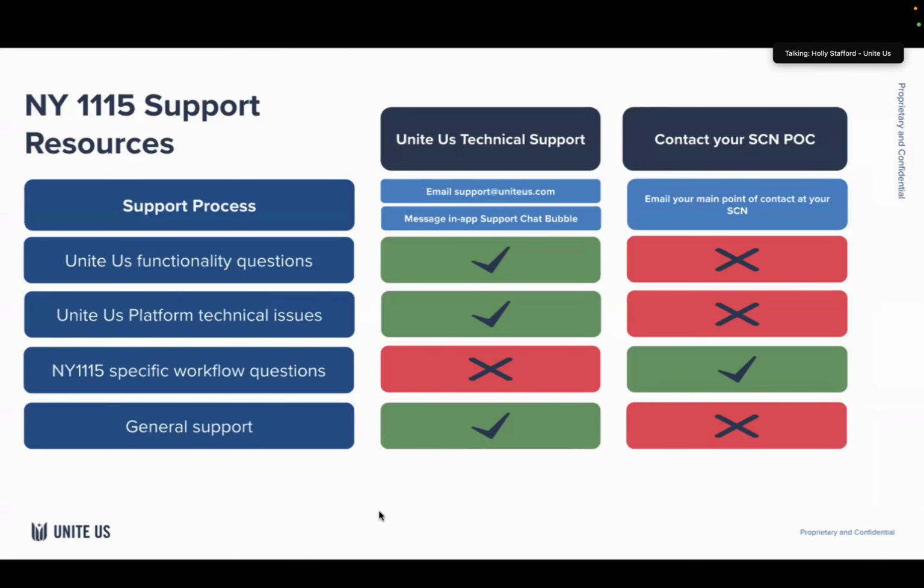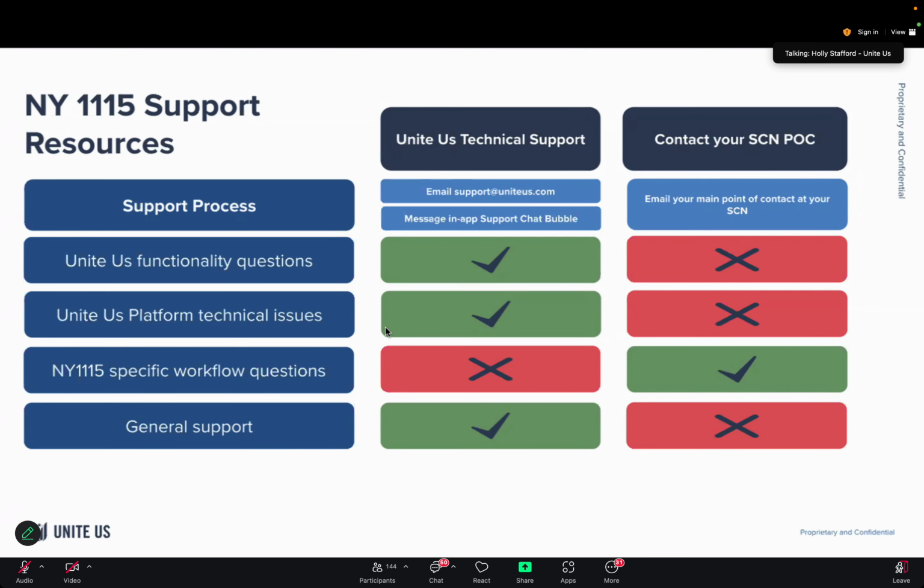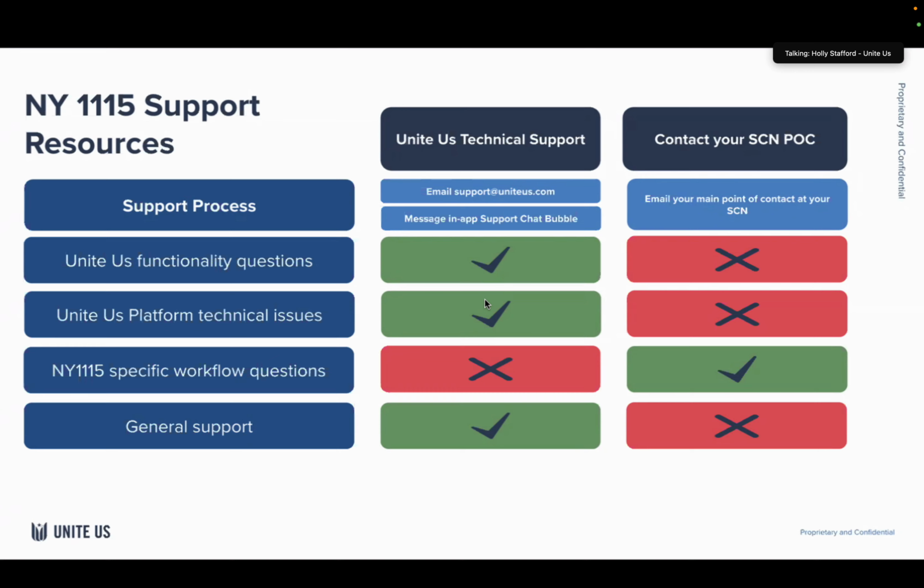Just running through the types of questions you might have, because we know that you're partnering with Unitas as your platform, but also partnering with PHS as your SCN. Your support process here is to email support@Unitas or message the in-app chat support. That would be for Unitas functionality questions, like if you can't remember how to download invoices, or technical issues, maybe something isn't working the way you think it should.